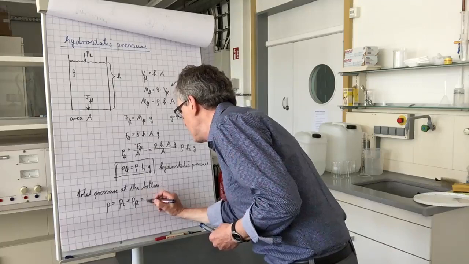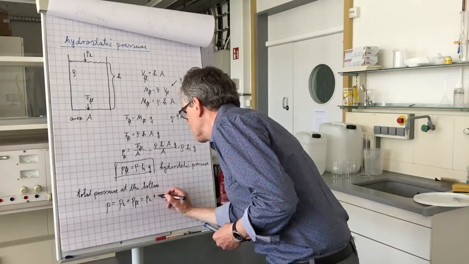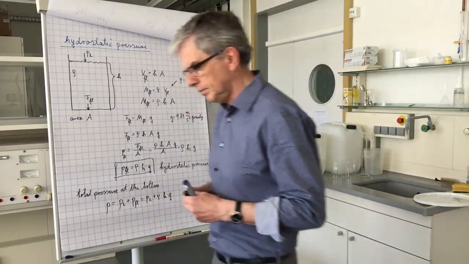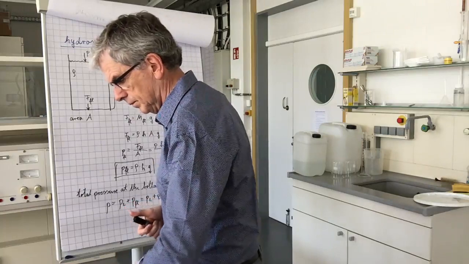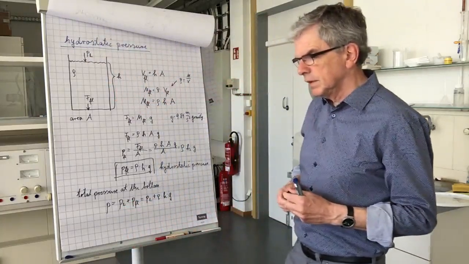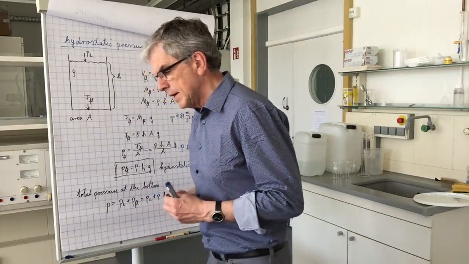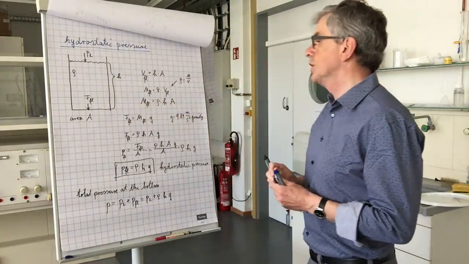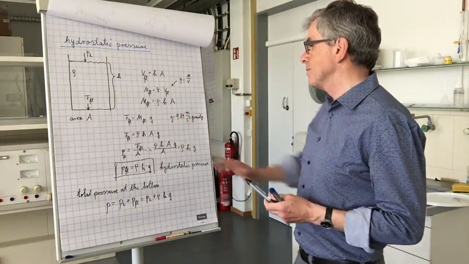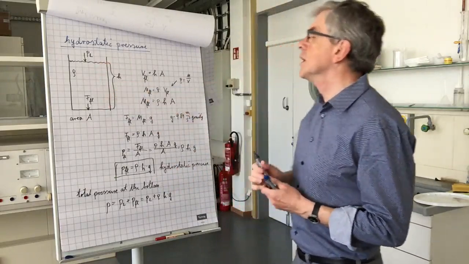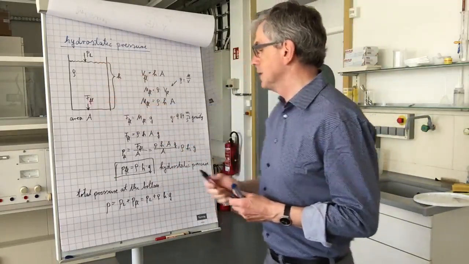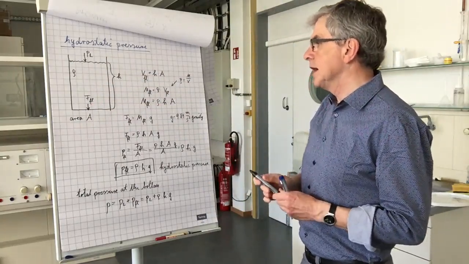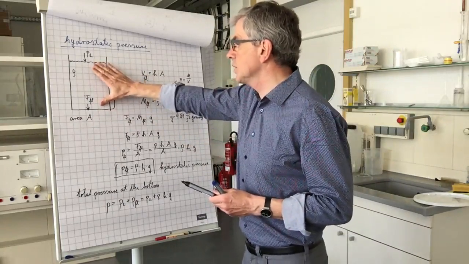That is PL plus rho times H times G. So that would be the total pressure at the bottom of this column of liquid, as a sum of the air pressure plus the pressure of the liquid, the hydrostatic pressure.